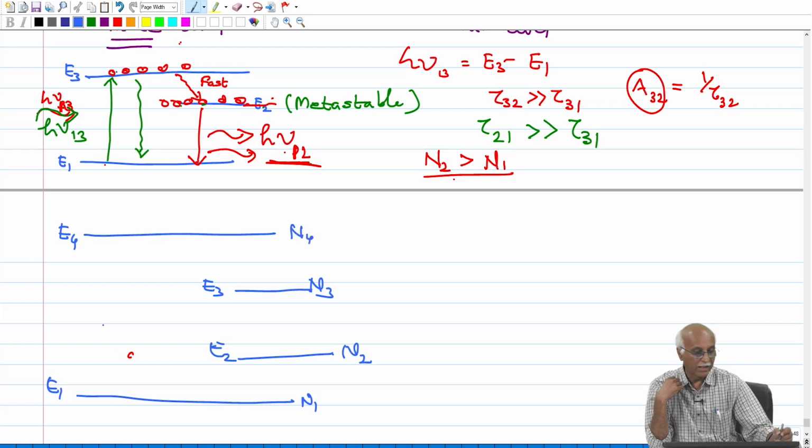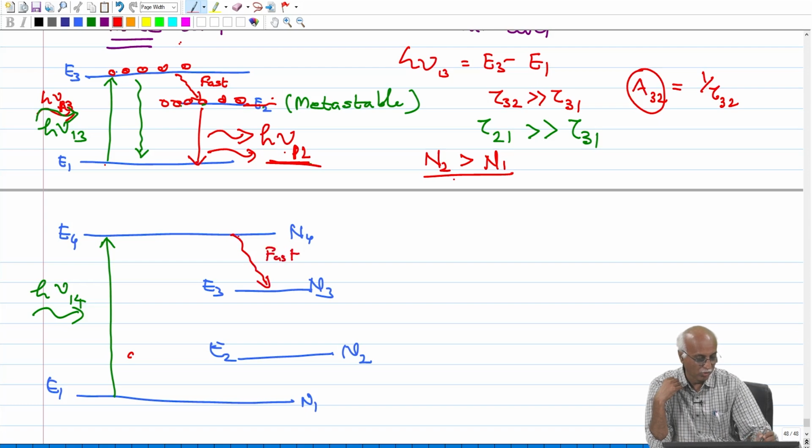As we pump, the incoming photon of frequency h nu 14 pumps the atoms. This is very fast, and from here to here is also very fast.